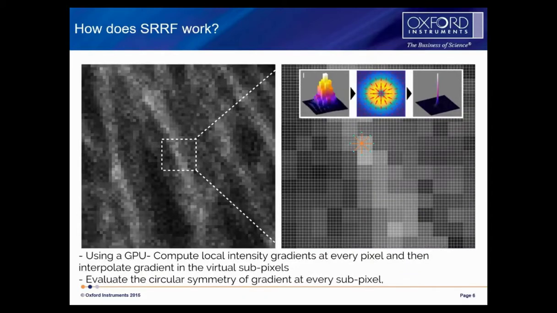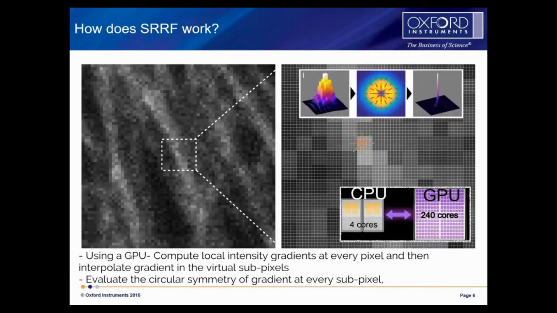And then using a GPU, we're able to compute the local intensity gradients from each of these pixels, and then we can interpolate the gradients in this virtual array of subpixels, and that allows us to quite precisely and accurately work out where the original source of the illumination is. Key to this is having the GPU.